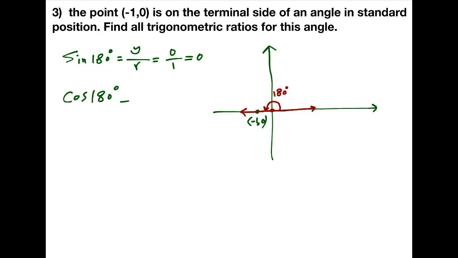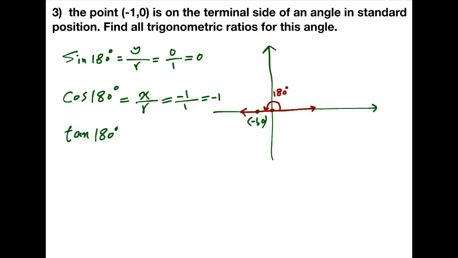Cosine of 180, x divided by r. In this case, x is -1. So -1 divided by, and r is still 1. -1 divided by 1 is -1. So cosine of 180 is -1. Sine 180, 0. Cosine 180, -1. Let's figure out tangent.